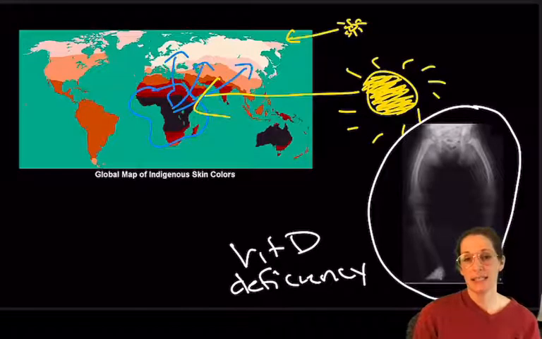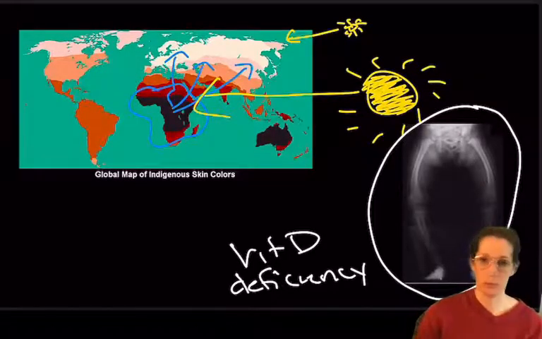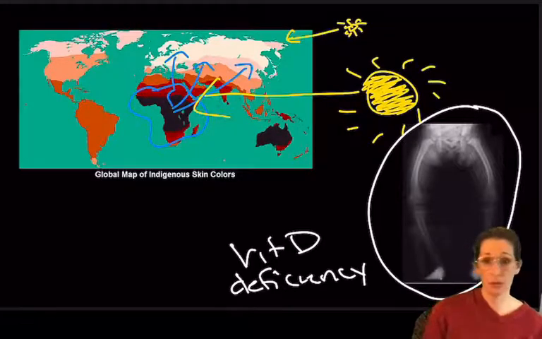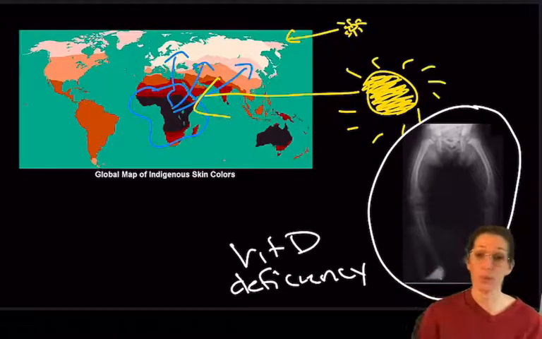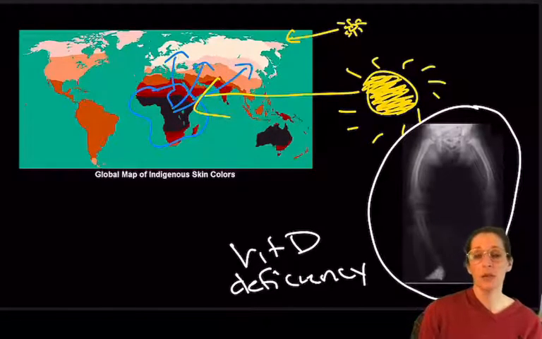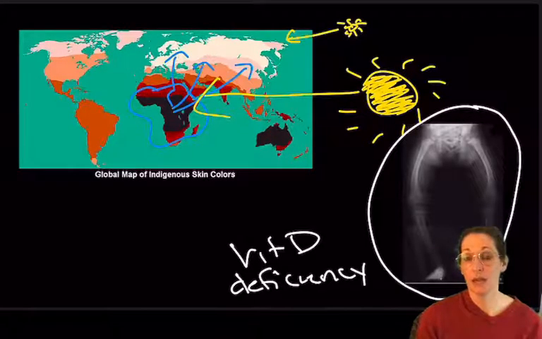Vitamin D is necessary for our bodies to use calcium: calcium bone growth, calcium muscle control, calcium nerve function. Calcium does all sorts of critically important things that you hopefully learned about in physiology. So vitamin D deficiency means our bodies can't use calcium.